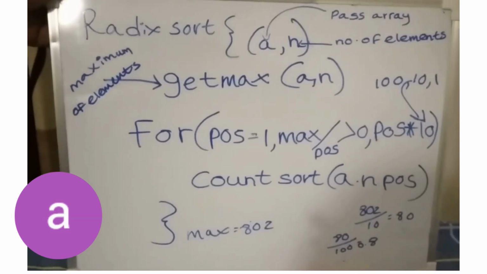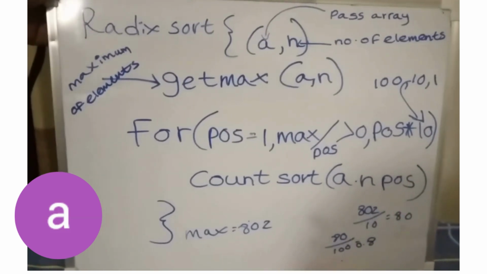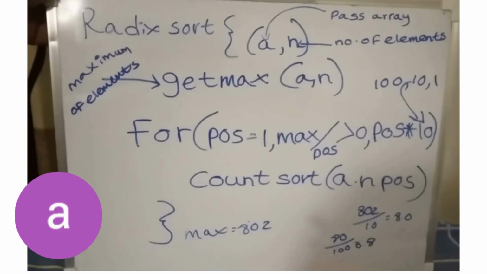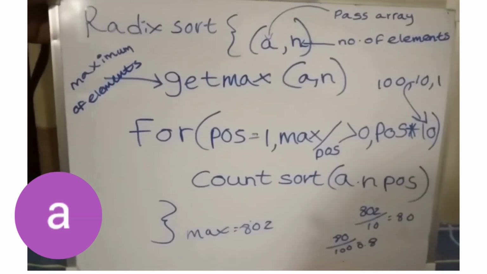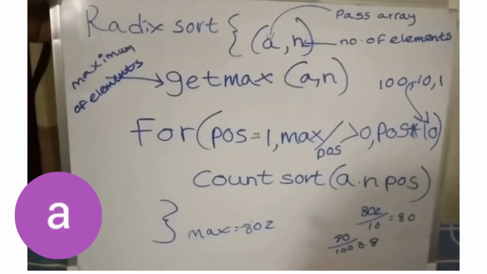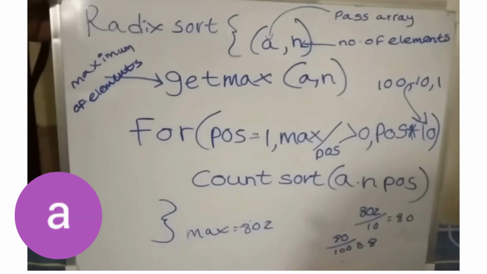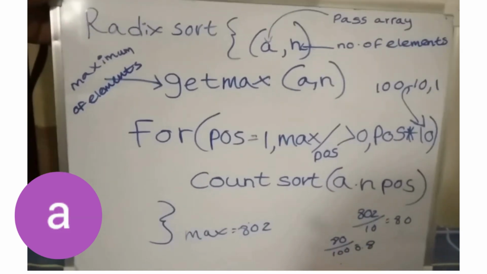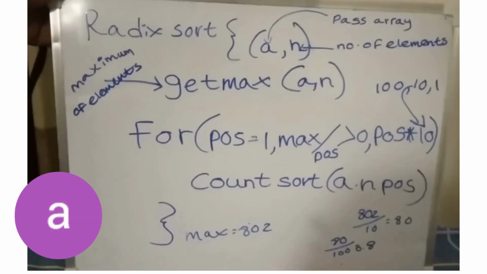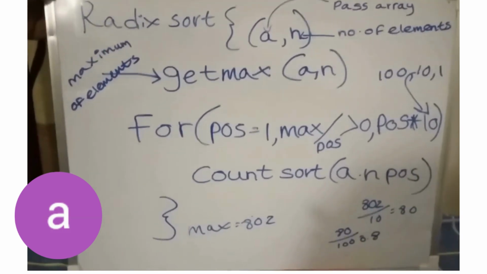I implement Radix sort and pass the array values, denoted as the array, and n, the number of elements. And we have to get the maximum of the elements from getMax. I get the maximum of the elements and pass the array again, and the number of elements, to the radix.